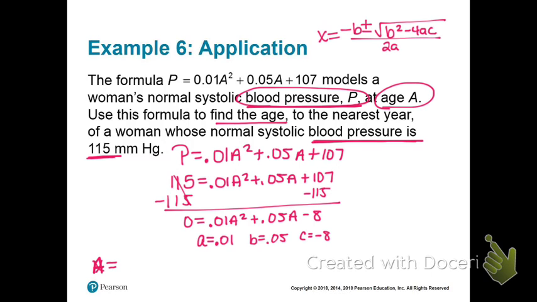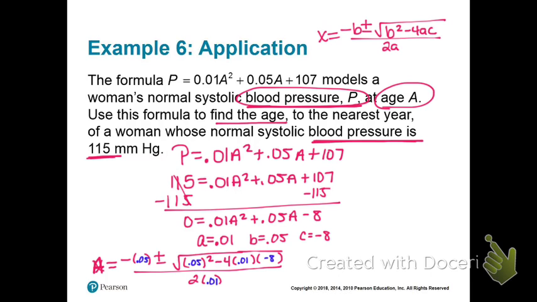So x equals negative b plus or minus the square root of b squared minus 4ac all over 2a. All right, so then let's go back and let's plug it in: b, b, a, c, all over 2a.